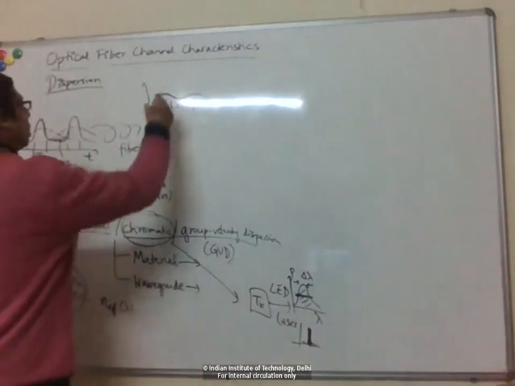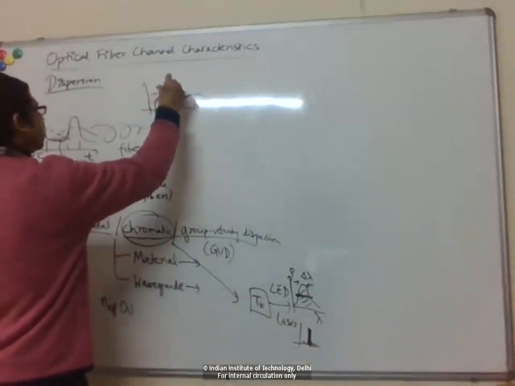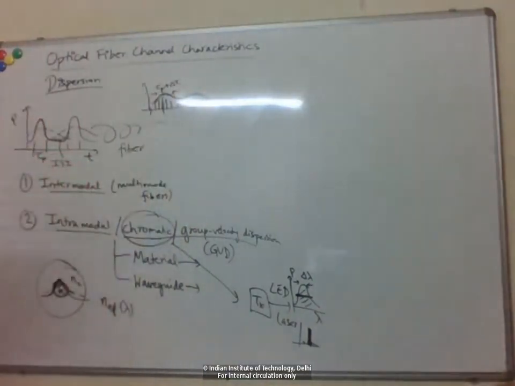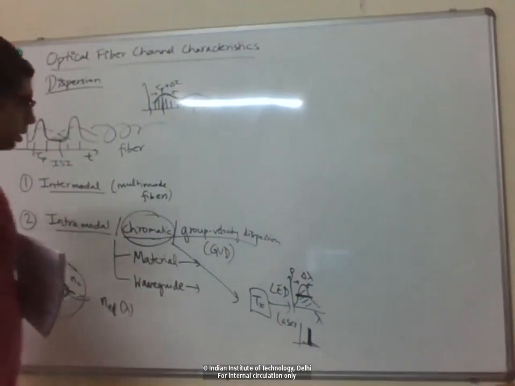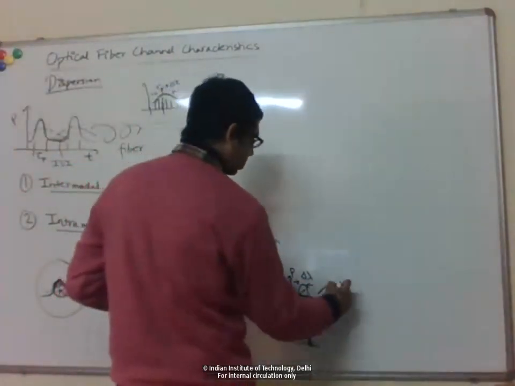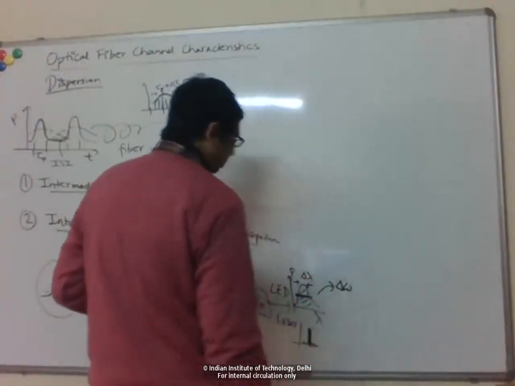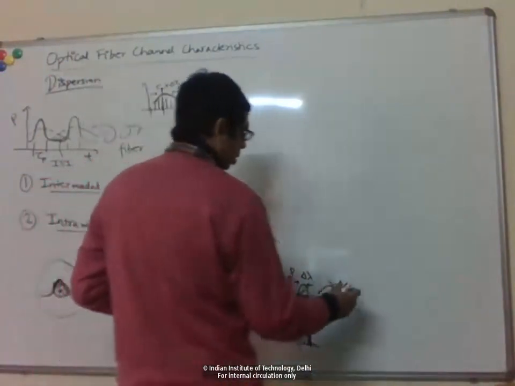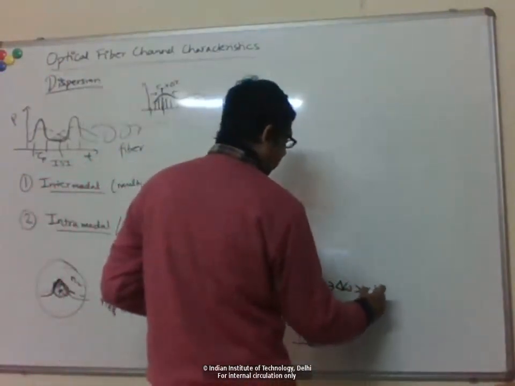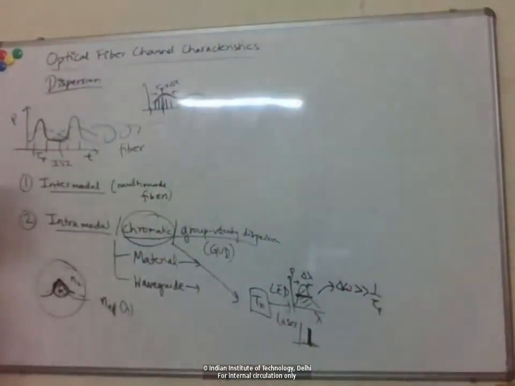So at the output, this is now tau p plus some delta tau. So for LEDs, basically this spectral width, if I look at it in terms of frequency, delta omega, is much bigger than the inverse pulse width, right?